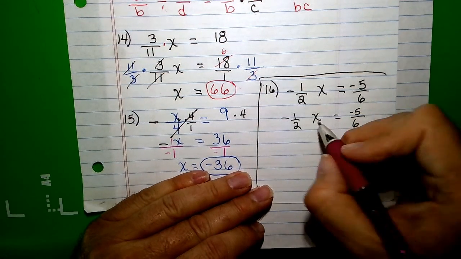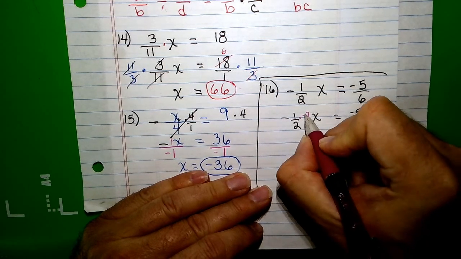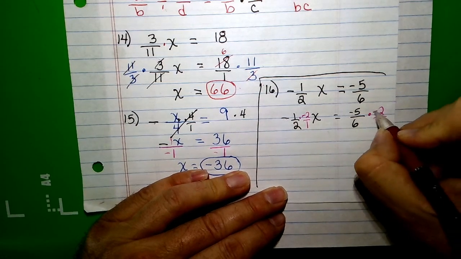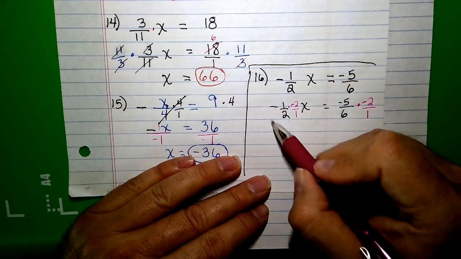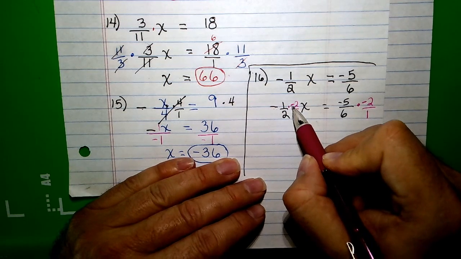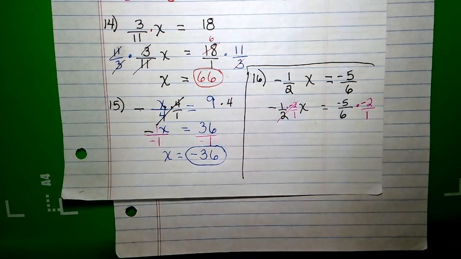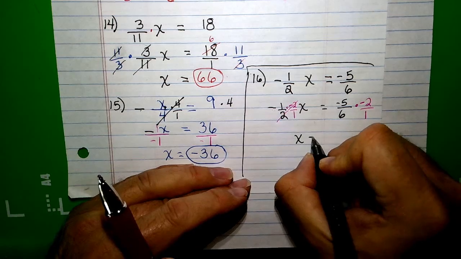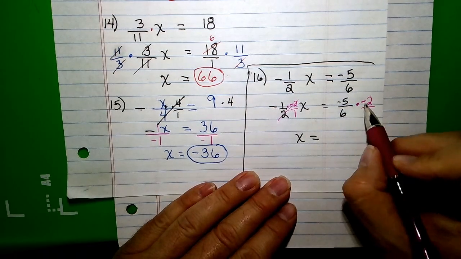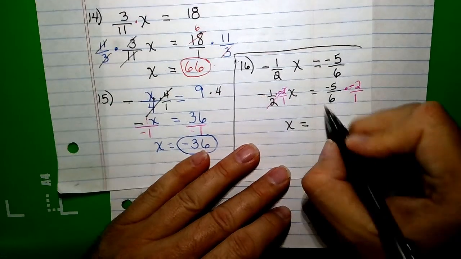If I multiply both sides by negative 2, is everything over here going to cancel out and leave me just a positive x? Negative times negative is positive. These 2's cross cancel, leaving just a positive x equals, negative times negative is positive, 10 over 6.